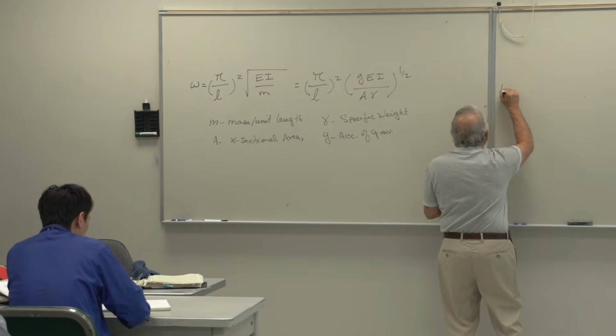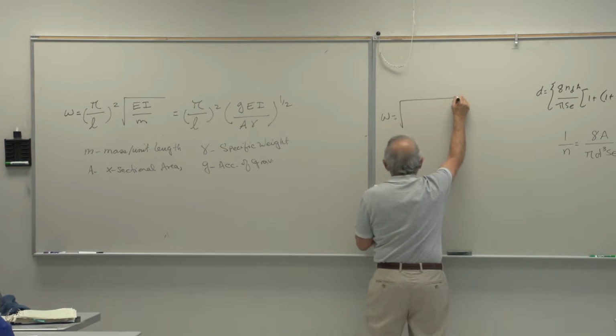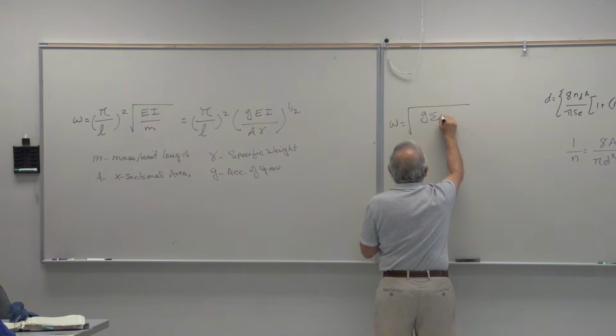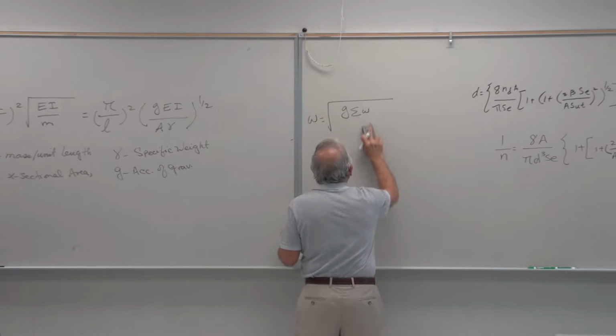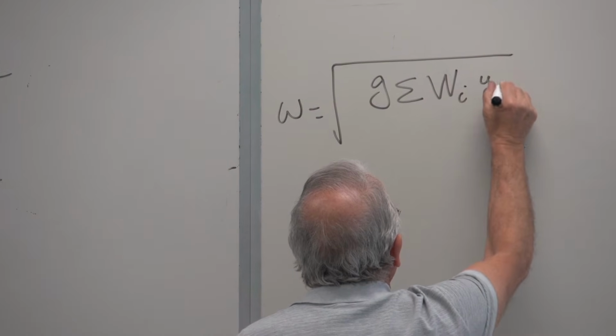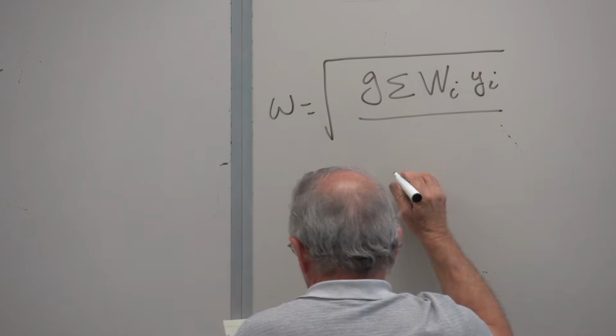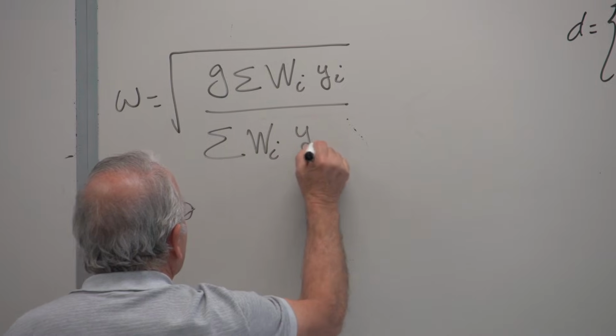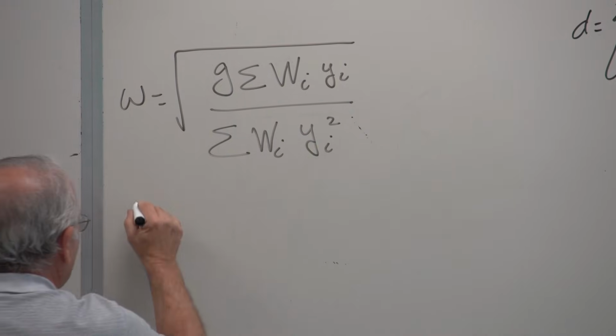then those will have weight at whatever points, and then we use this equation to find the natural frequency. Omega would be equal to the square root of g times the summation of Wi yi divided by the summation of Wi yi squared.